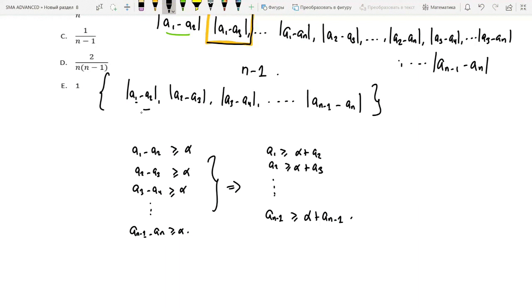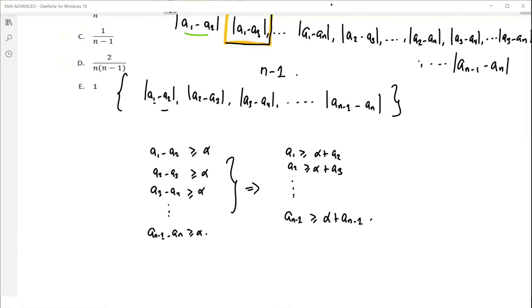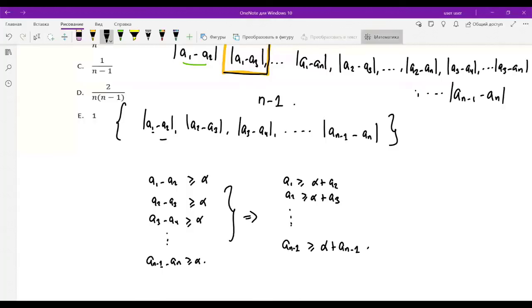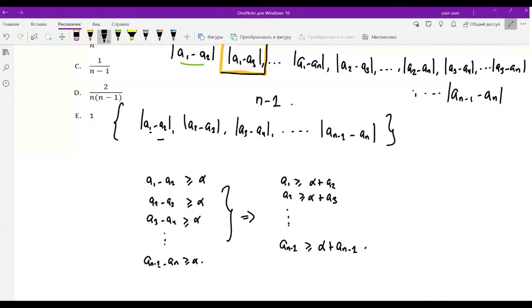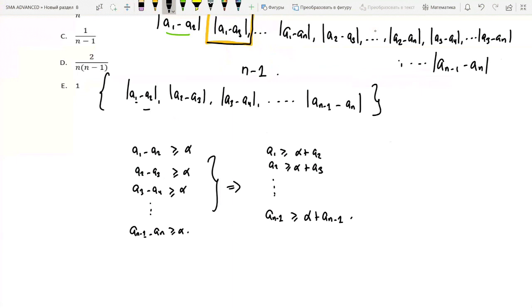So now, what can we do? What we're going to do now is we can just create a chain of inequalities here.